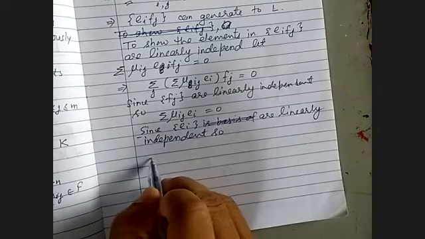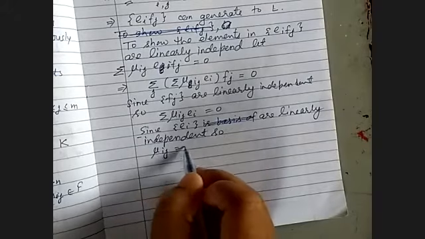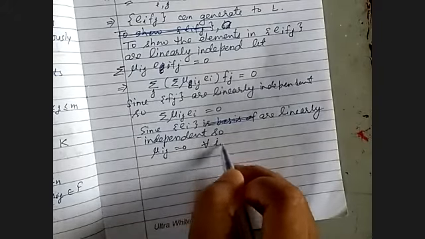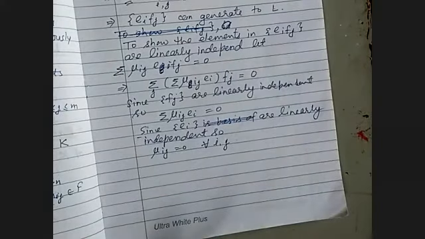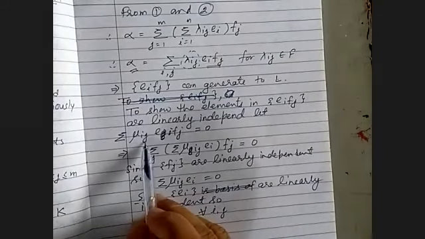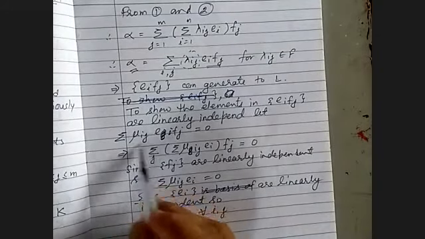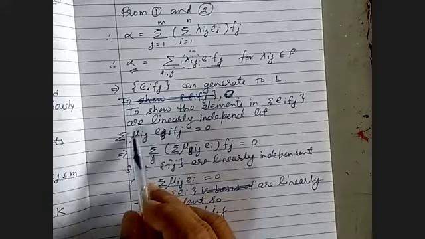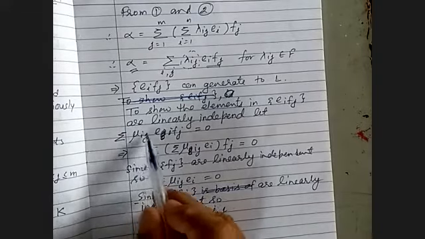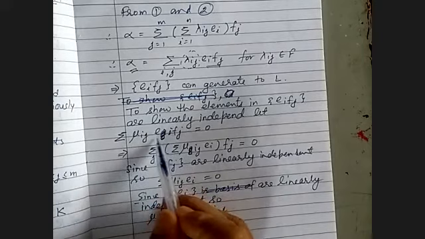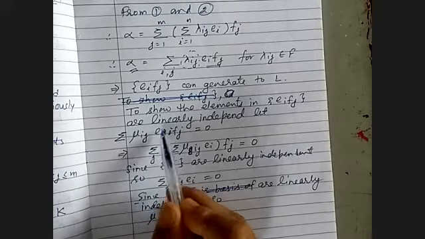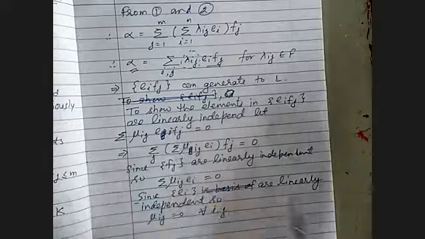Therefore mu ij will be equal to 0 for every i and j. So I have shown that if this value is equal to 0, then every mu ij is 0. This shows that this set of Ei Fj vectors is linearly independent.